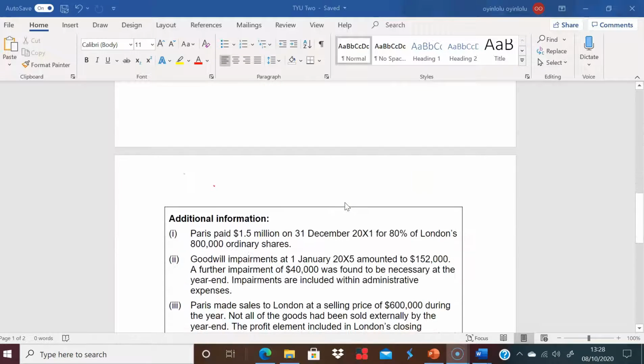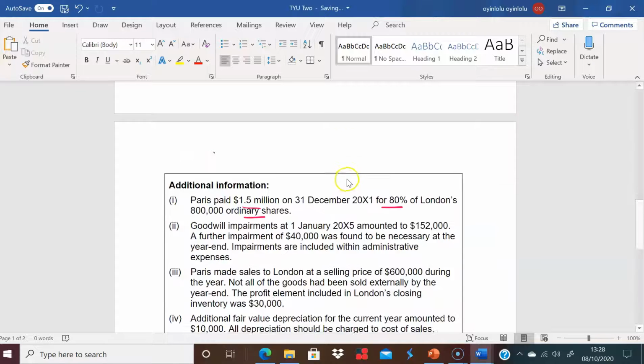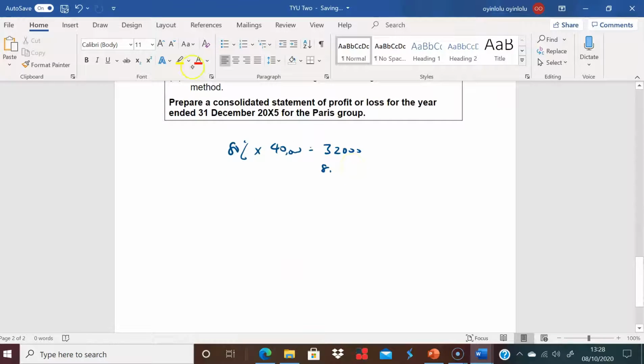Anyway, here we are. I'm just going to work through the workings, and then we'll go to the answer and see the connection. So Paris paid 1.5 million for 80% of London. So they control London, so that's fine. We'll do working one here. Oops, sorry, I have some old material there.